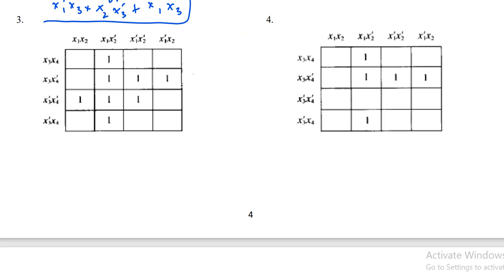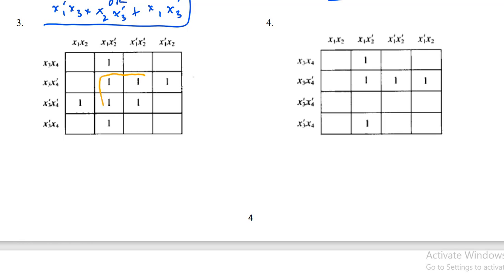So the next example, again, think of the largest group you could think of. You could stop the video, try it. I see that I could have these 4 here, and if I write down what those 4 are, you look vertically, I see that x1 varies, so x2 not stays. And if I look horizontally, I see that x3 varies and x4 not stays.